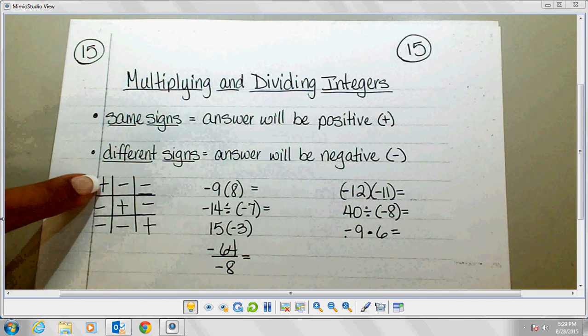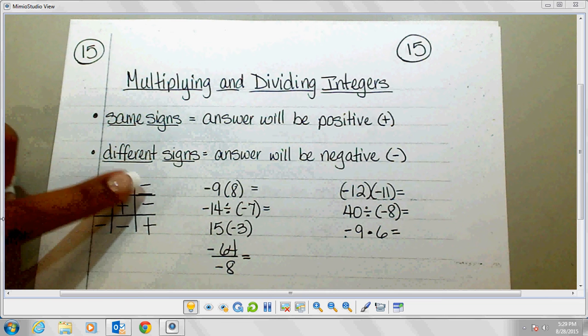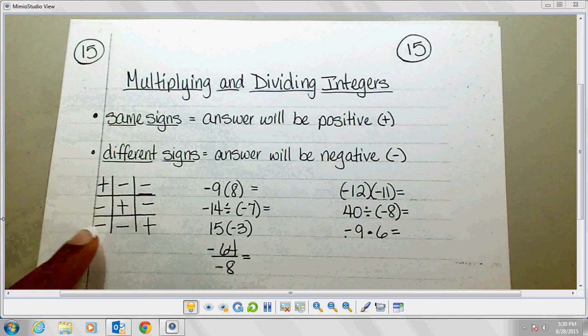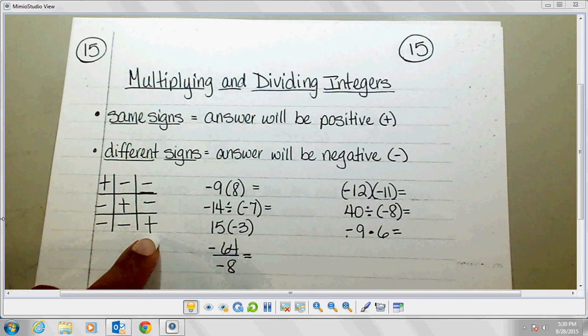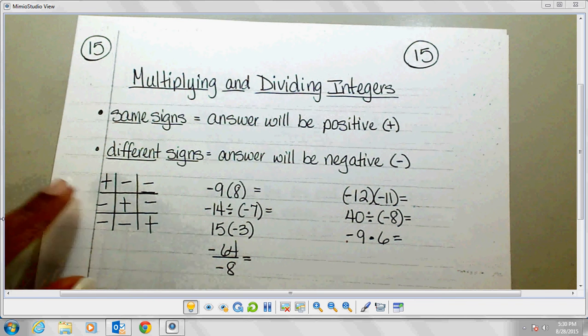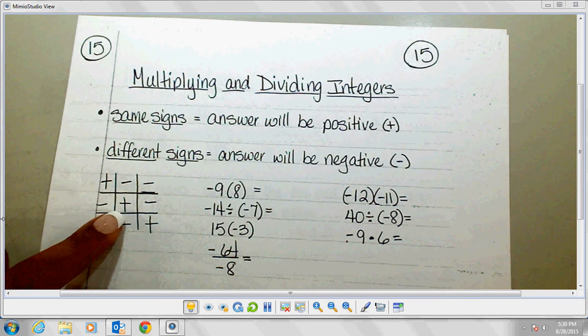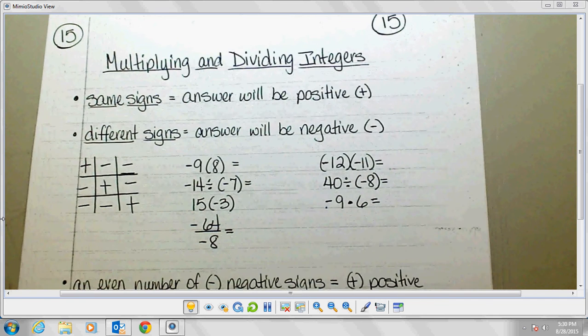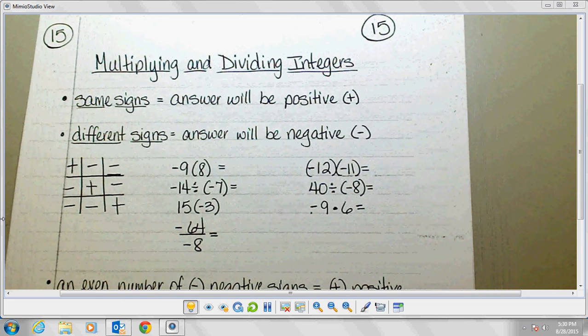A positive times a negative is a negative. A negative times a positive equals a negative. A negative times a negative equals a positive. You can even go your diagonals. A positive times a positive is a positive. You can go up and down, or it doesn't matter which direction you go. Your tic-tac-toe board should help you to get your correct sign.